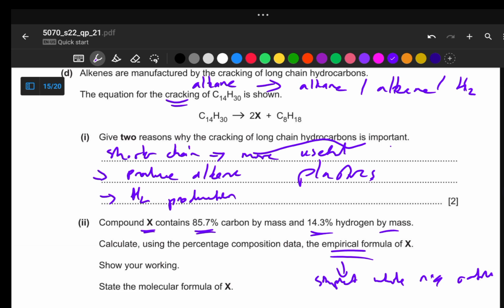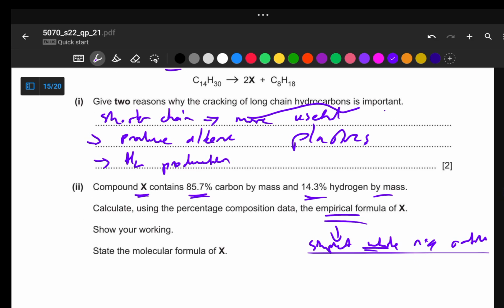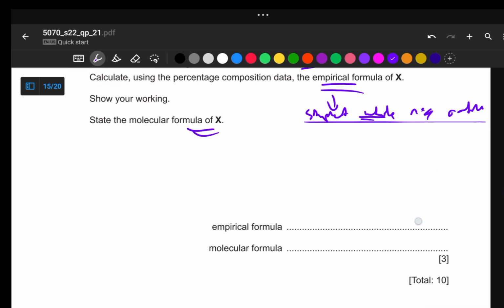The definition must include this statement: simplest whole number ratio of atoms present in a compound. It's not just a ratio, it is a whole number ratio, right? So show by your working and also state the molecular formula for X, and it is awarded 3 marks.